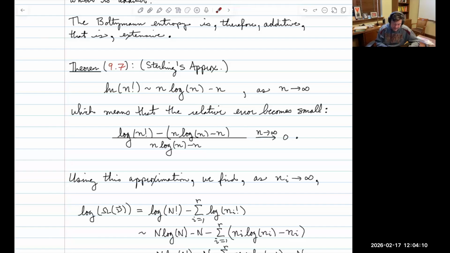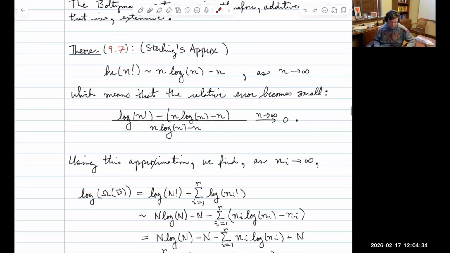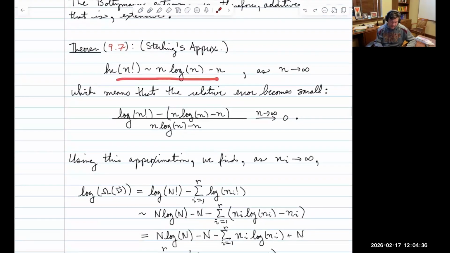And a good approximation for the log of the factorial is n log n minus n. This function comes up a lot in thermodynamics and statistical mechanics, so this is sometimes called the ideal gas function. Okay, n log n minus n or x log x minus x comes up again and again. So this is Stirling's approximation.